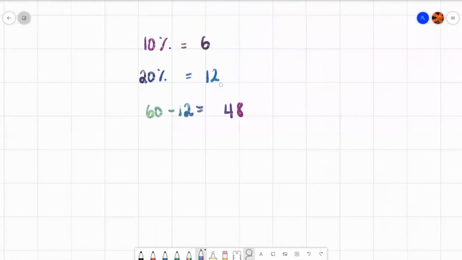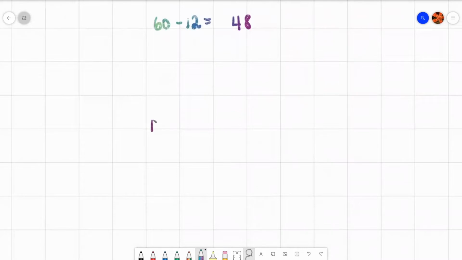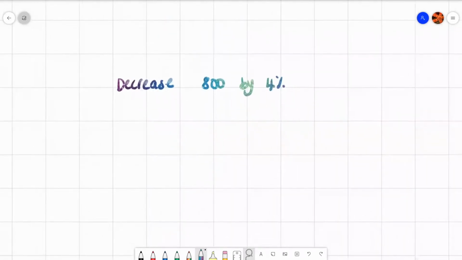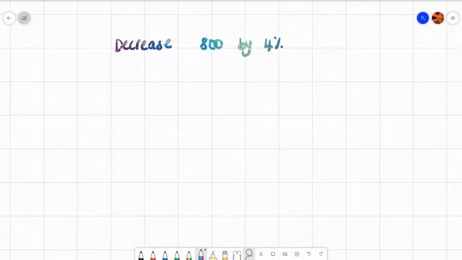Let's have a look at another example like this. Decrease 800 by 4%. So again, the most common method here would be, you could work out 10% first, or you could just go straight on to working out 1%. 10% is 80, so 1% would be 8.